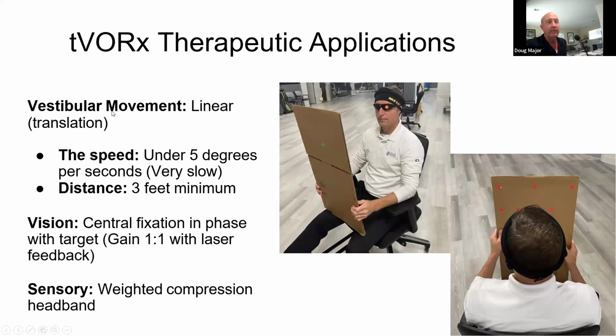And then using this setup, again using your central fixation with a 0-0 gain with the laser, with the proprioceptive balance, and then translational movements has been very helpful to reset individuals that are lost in space as a first step before starting any other therapy.